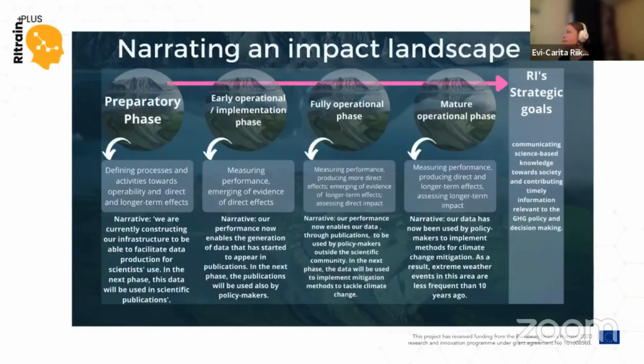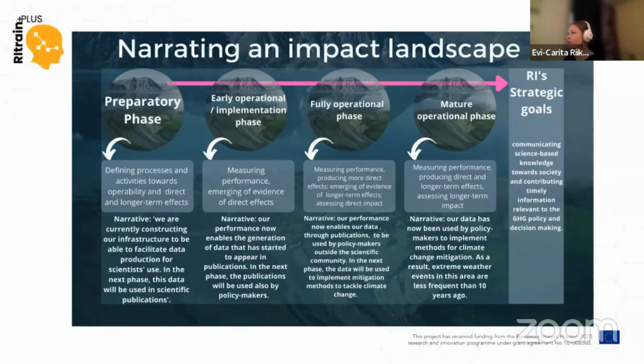And here's now a very simple, or simplified, well, I know the slide is not very simple perhaps, but the idea behind it is quite simplified. So if you try and see what it would mean to narrate an impact landscape, I have added here 4 circles that each include a phase in the RI's life cycle.